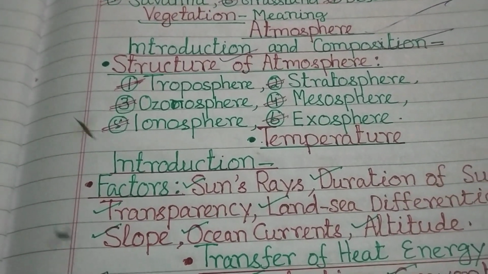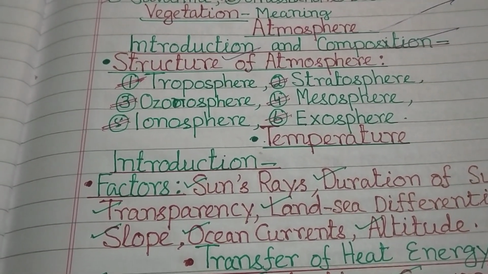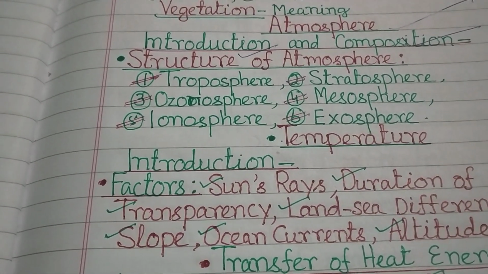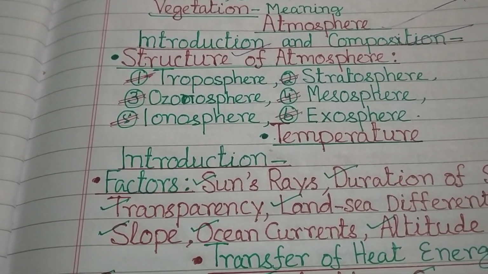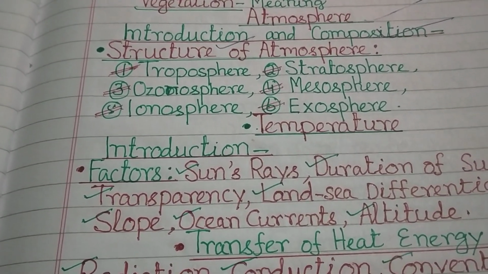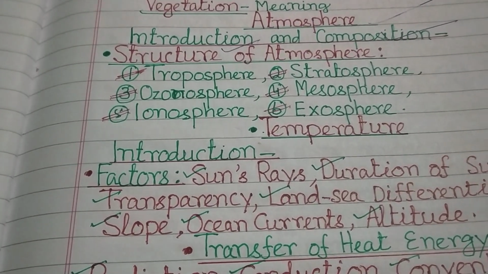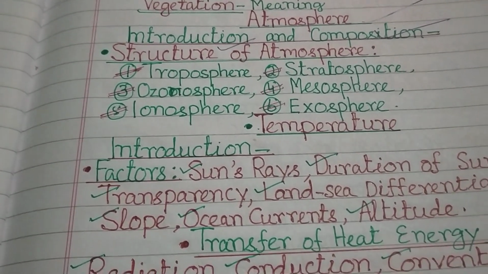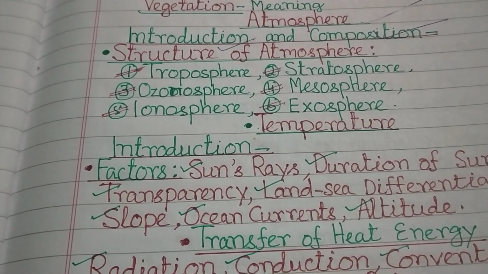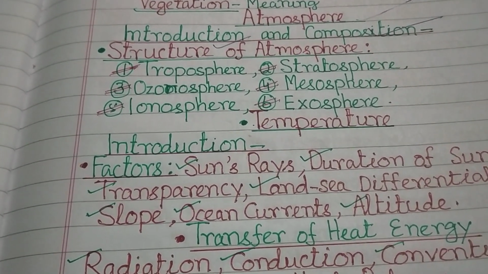Now we'll discuss the composition of the atmosphere. The atmosphere is a mixture of many gases. In addition to gases, it contains huge numbers of solid and liquid particles. Some of the gases may be regarded as permanent atmospheric components which remain in fixed proportion to the total gas volume.